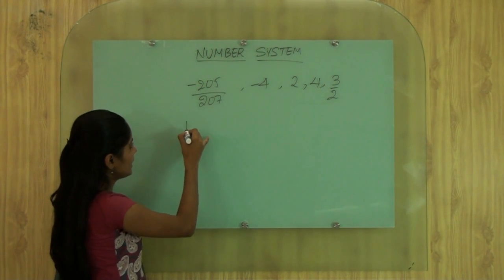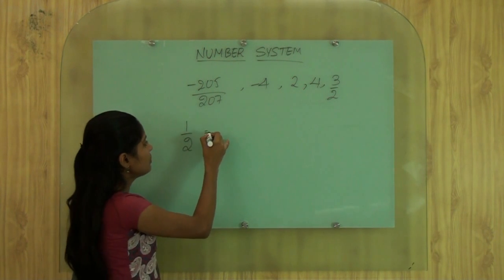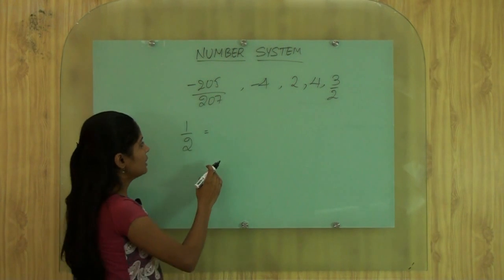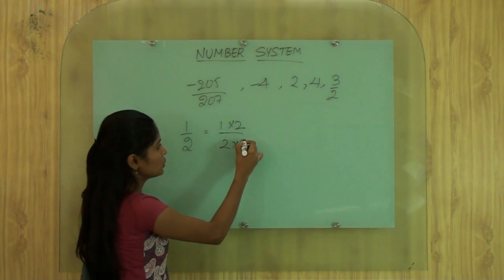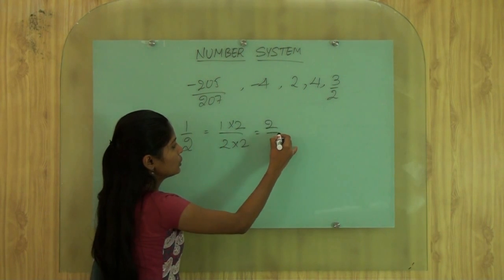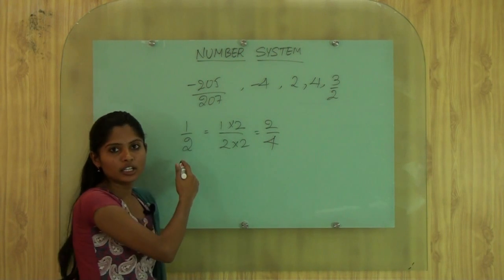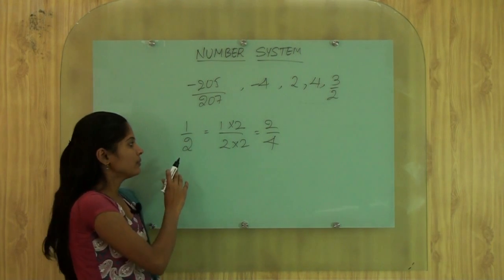Now we will take an example of the rational number 1/2. If we multiply the numerator and the denominator with 2, then what do we get? 1 into 2 by 2 into 2, which is equal to 2/4. The 2 and 2 will get cancelled if we do it in reverse, and we will get 1/2 again.